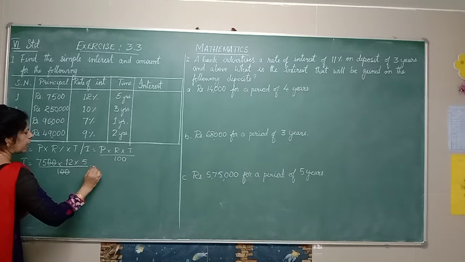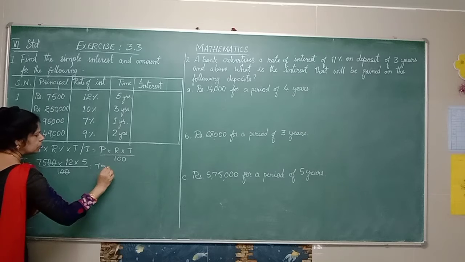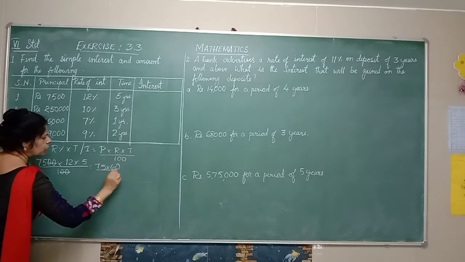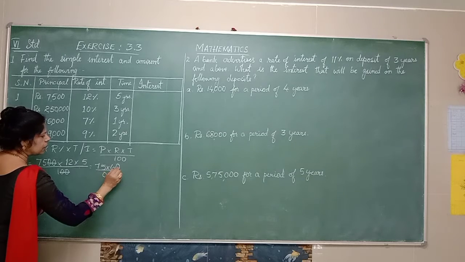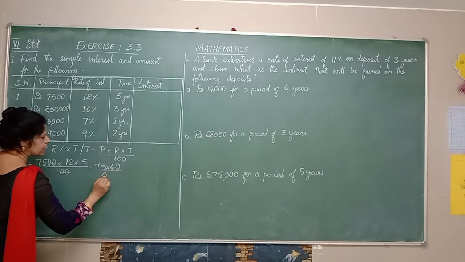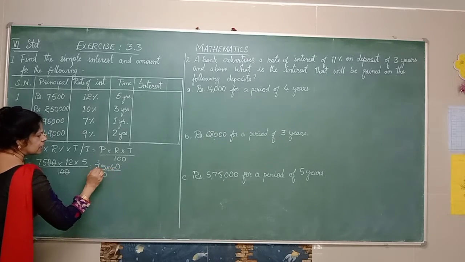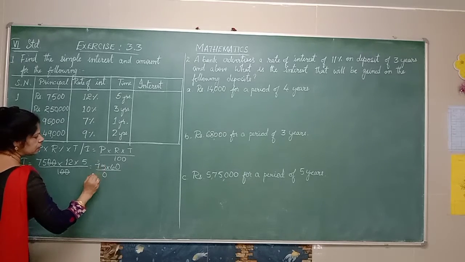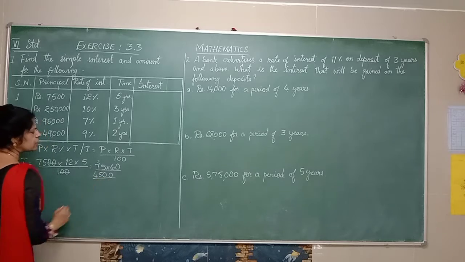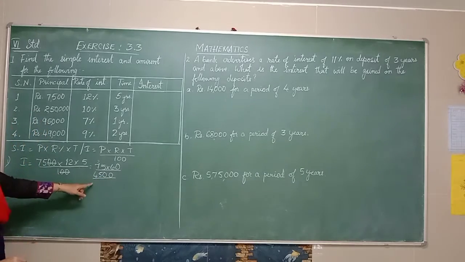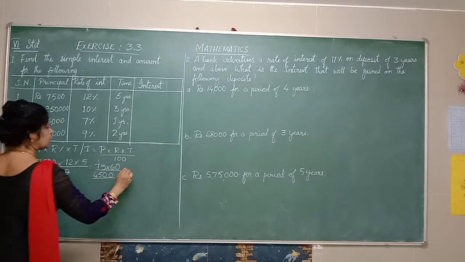So 75 into 60. 6 fives are 30, because the 0 will be taken afterwards; write 0, carry 3. 6 sevens are 42, plus 3, 45, and the 0 is added. So the answer I am getting is 4,500.